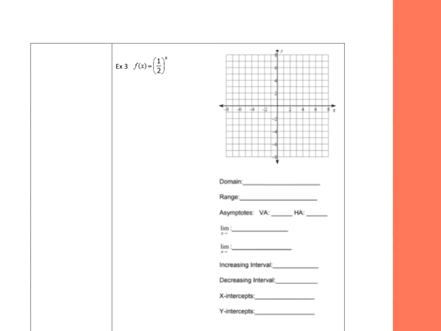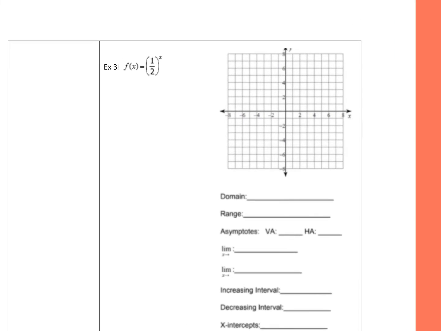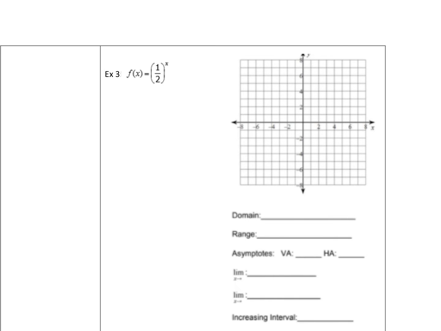Okay. Number 3. If we look at this one, it doesn't give me a T-chart, okay? But what you're going to notice is anytime that your exponent is just x, if I set that equal to 0, what is it? X is 0, right?